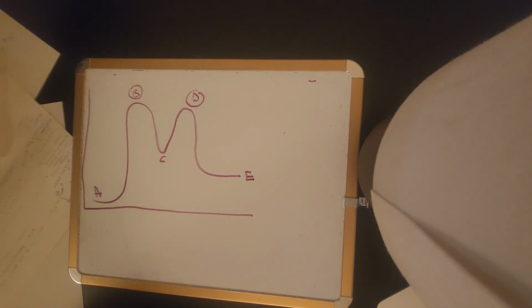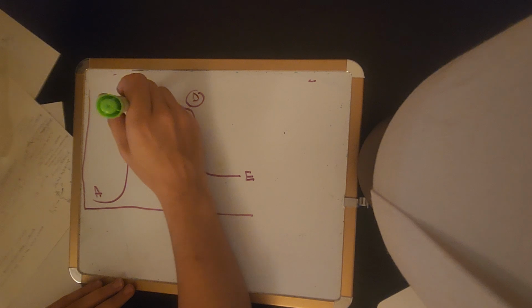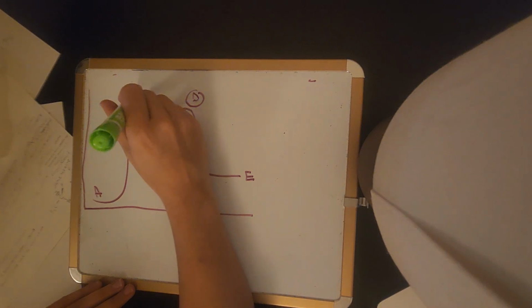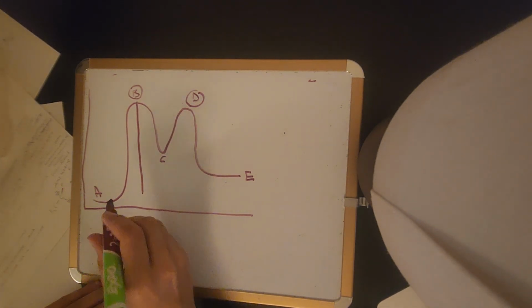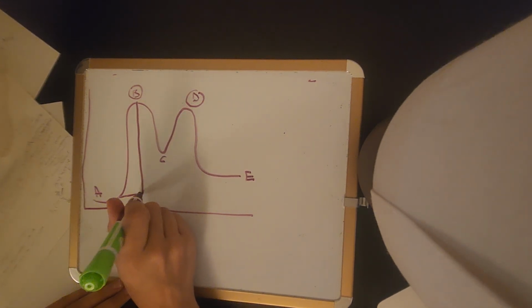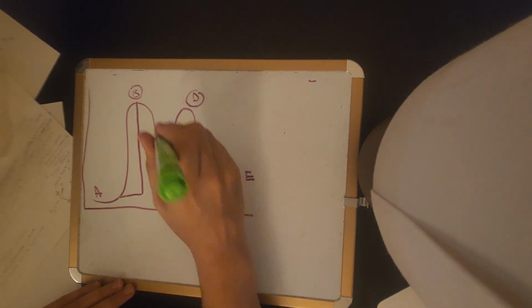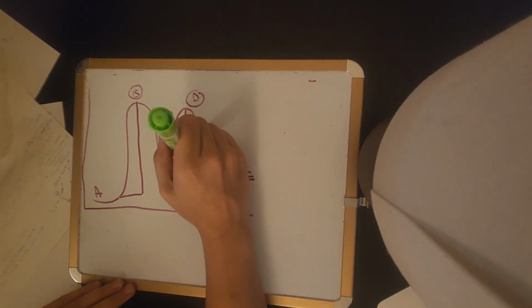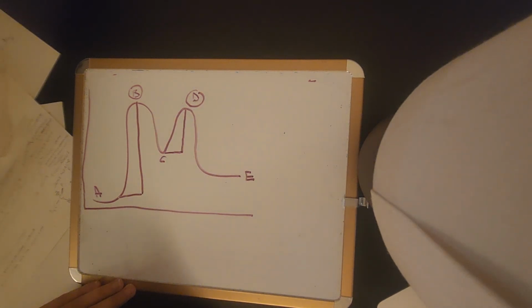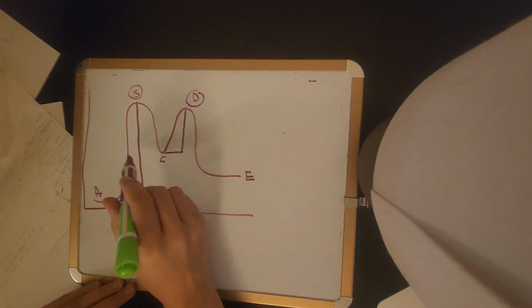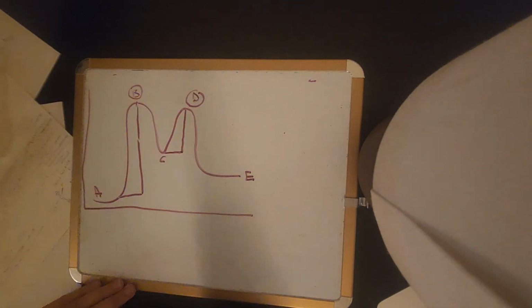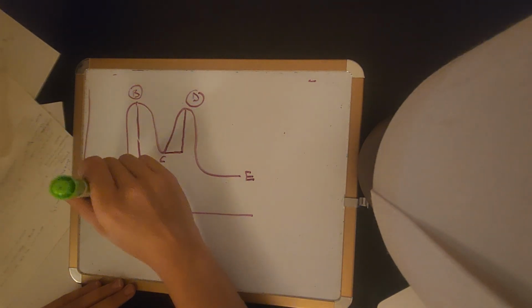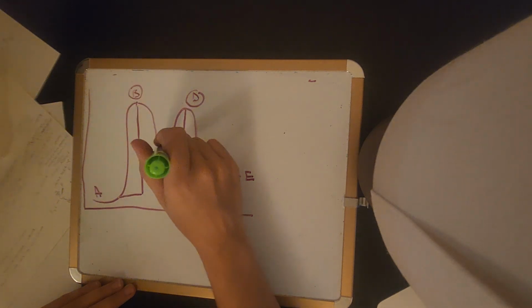When you're trying to figure the rate determining step, you want to draw a straight line from the apex of your curve down to wherever its base is. Same here. Now the one with the highest is going to be the rate determining step. So in this case it is B. Or sorry, in this case it's step 1, because this is step 1, this is step 2.